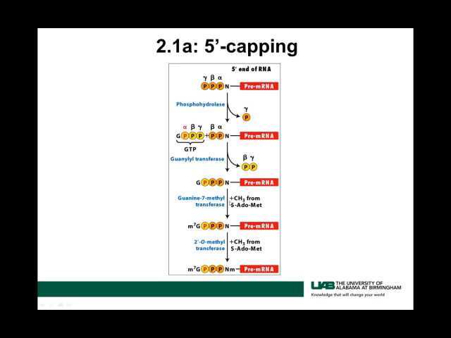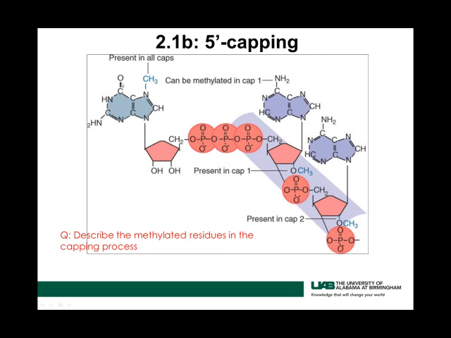So methylation occurs in the first two bases, and then the ribose of the second and third base from the 5' end of this messenger RNA. Again, here is the picture.